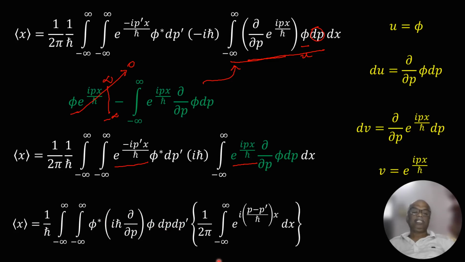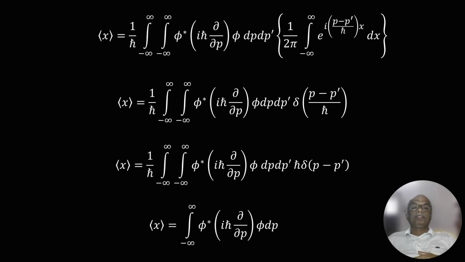So now we will simplify this further. Now we got this integral. You can carefully watch this integral in the curly bracket. By definition, this is equal to the delta function, delta of p minus p prime over h cross.